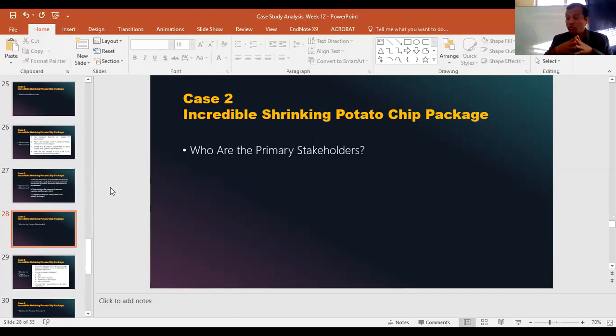I could say Julie and Dave. They are the internal stakeholders, but what else? Do you think more people are involved in this case, internally or externally? Who has a direct or indirect effect from the business activities of this firm? Who are the primary stakeholders?